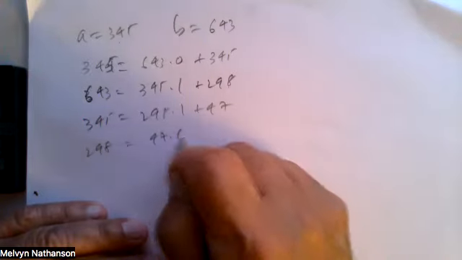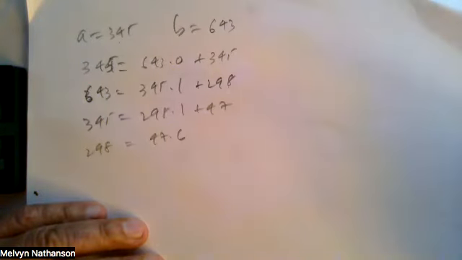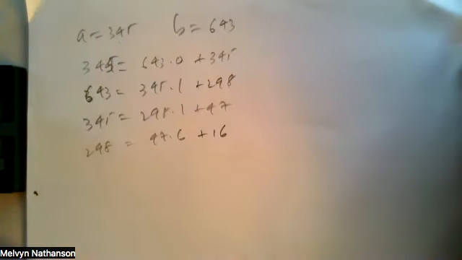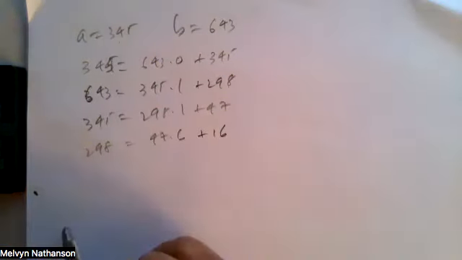This probably gives me a quotient of 6. 47 times 6 is 282, and 298 minus 282 gives me a remainder of 16. As I'm doing this, you should check my arithmetic because it's always extremely easy to make a mistake along the way.